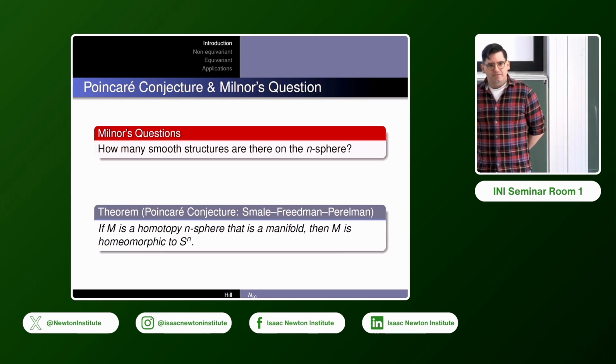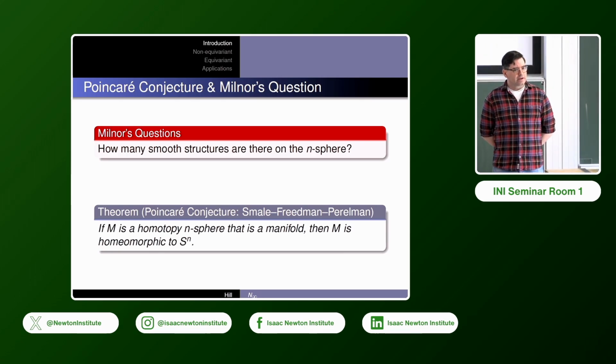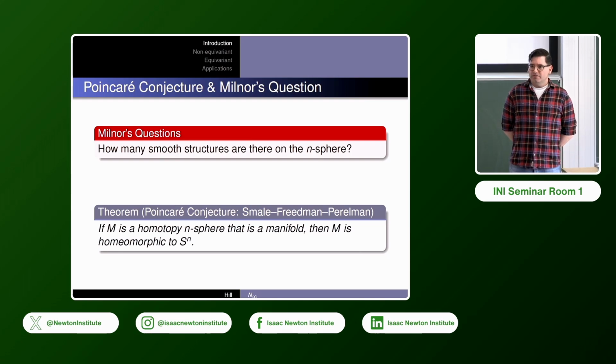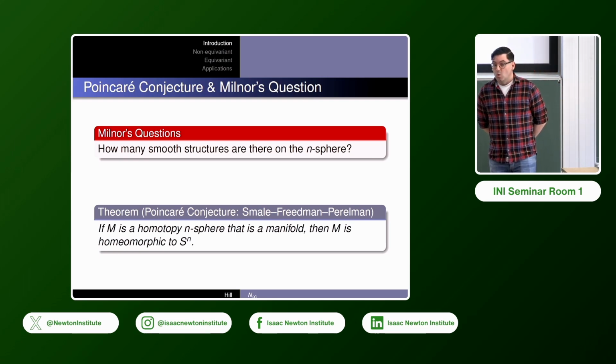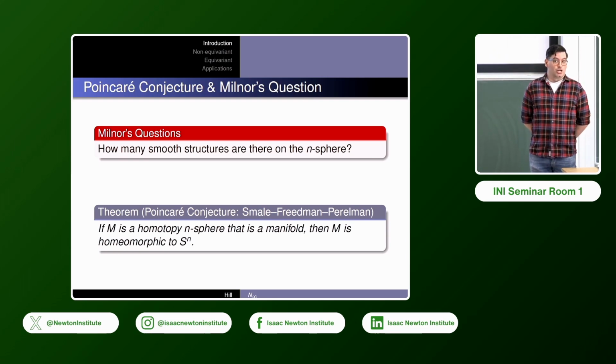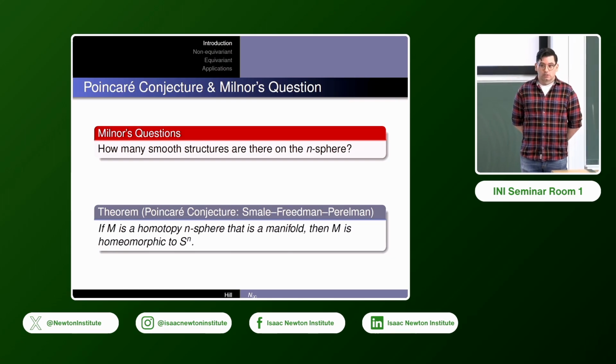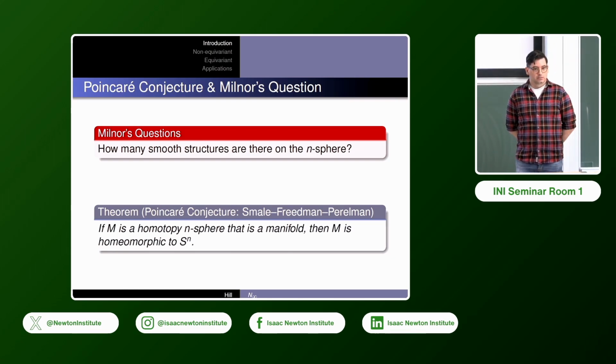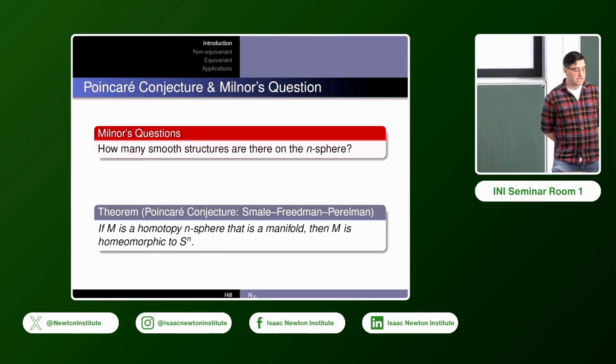In fact, if you were a mathematician before the mid-50s, you would have assumed the answer was 1, because surfaces have a unique smooth structure. One-manifolds, so the circle, have a unique smooth structure. R^n generically has a unique smooth structure. R^4 doesn't. That's a whole thing.